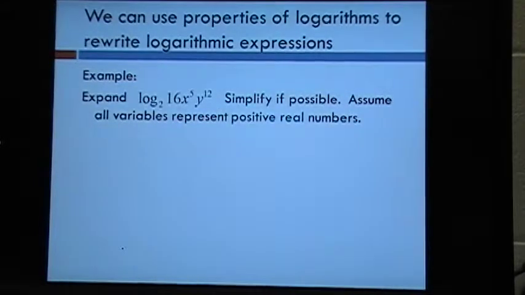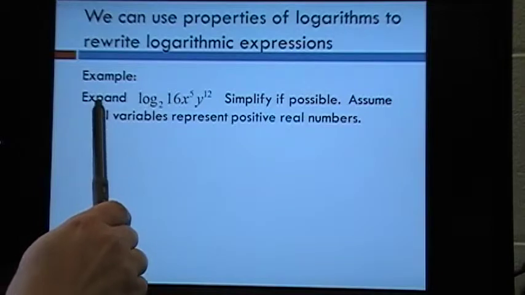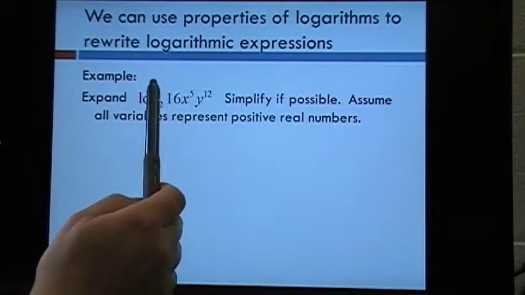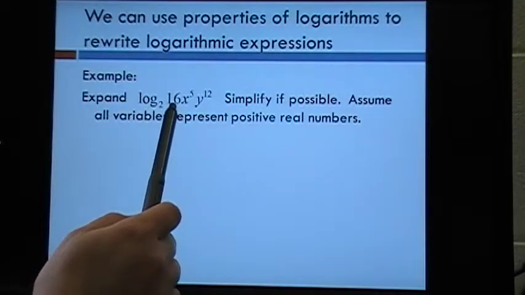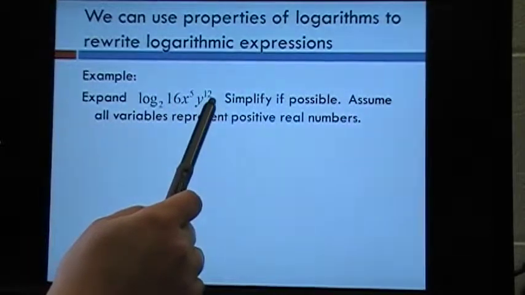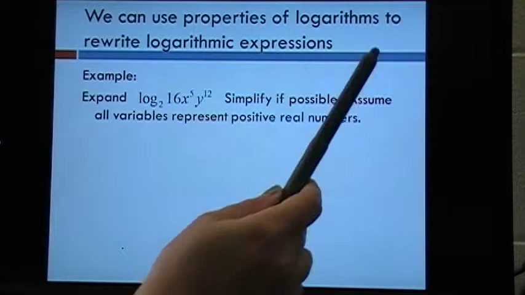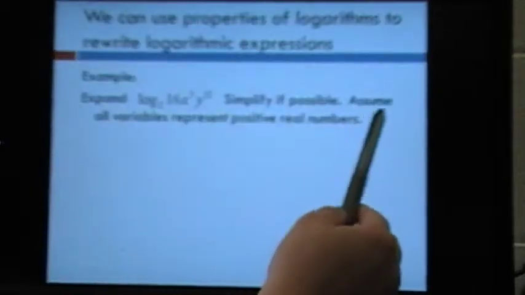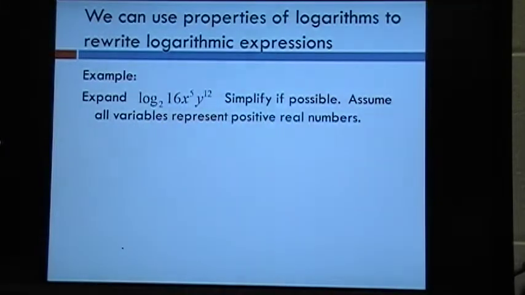Okay? So here we want to expand. That means the same thing as writing it in 2 or more. Log base 2 of 16x to the 5th y to the 12th. Simplify if possible. Assume all variables represent positive real numbers. And we need to say this in order for our properties of logs to hold.